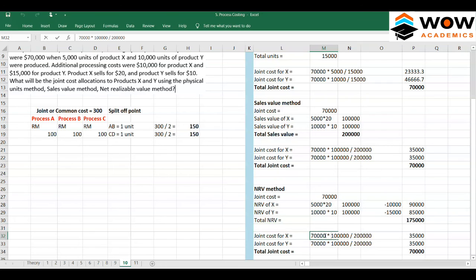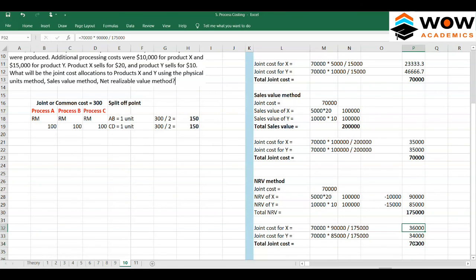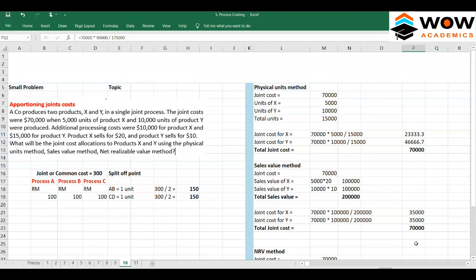So 70,000 into 90,000 divided by 1,75,000, and for Y it will be 85,000. So what would be the joint cost apportioned? It would be 36,000 and 34,000. So that's about the answer. So again, total joint cost is 70,000 because that is what we are splitting here. So these are three methods in which we can apportion the joint cost.